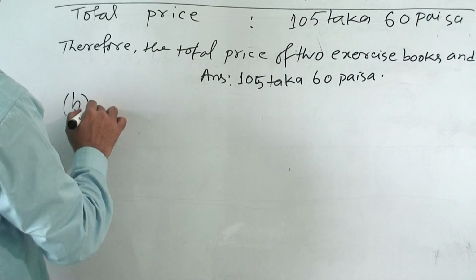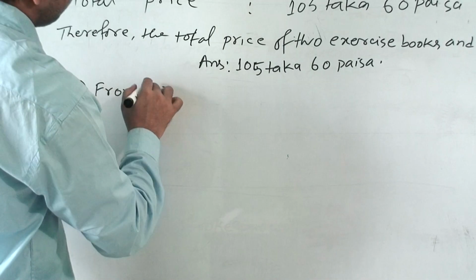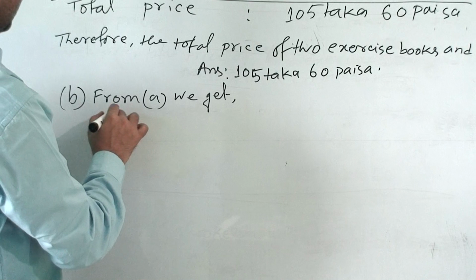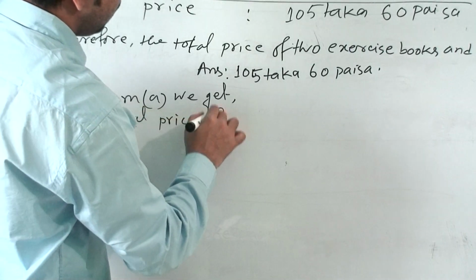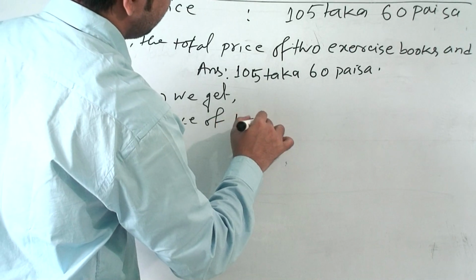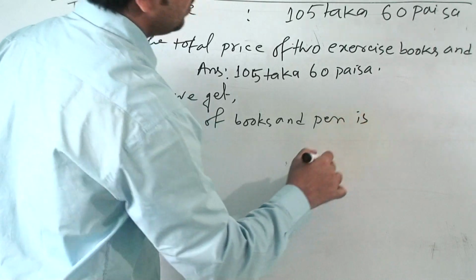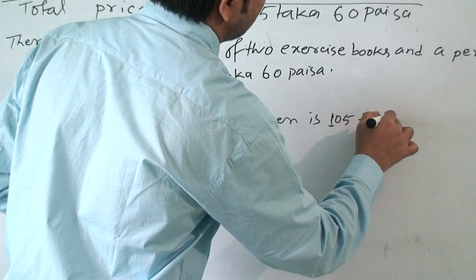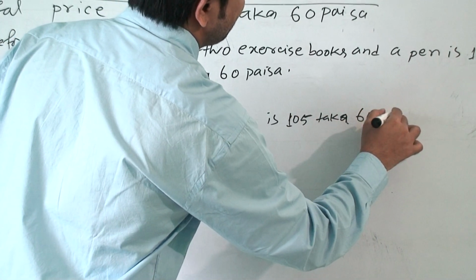So we can write from A we get total price of books and pen is 105 taka 60 paisa.